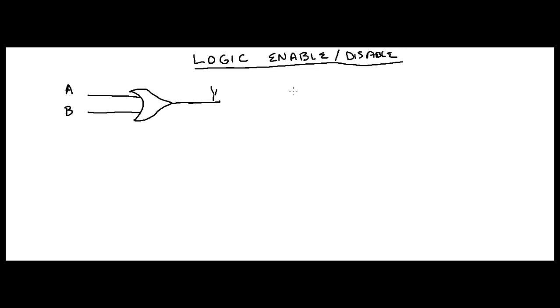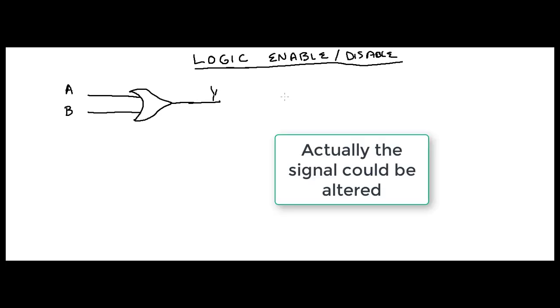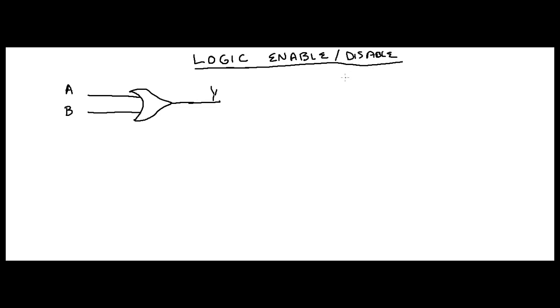The point I'm trying to make here about enable or disable is allowing the signal to go through. So if a logic signal is able to go through unaltered, it's enabled, okay? So the thing I want to talk about now is disable. In the examples we've had, when it's disabled, it's been a logic low, but the gate can also be disabled with a logic high, okay?